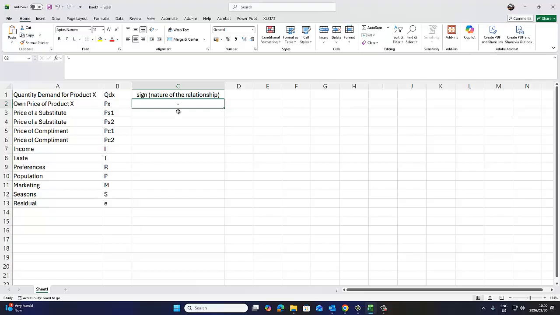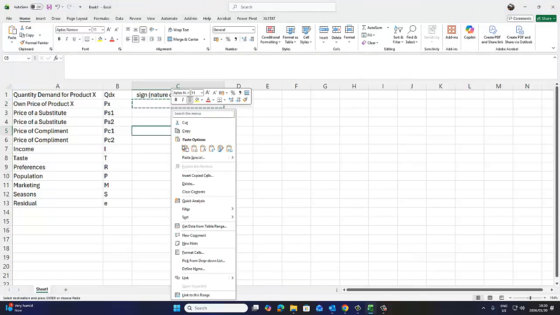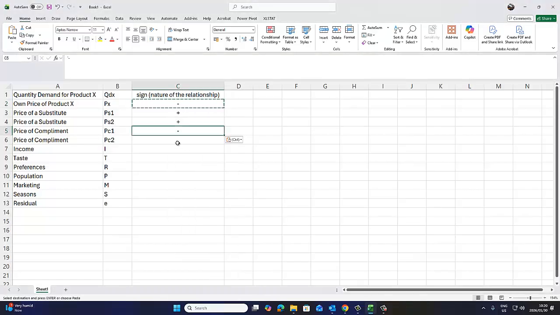The price of a substitute. If the price of a substitute increases, quantity demand of that item will decrease and demand for your item will increase. So that is a positive relationship. Then the price of a complement is a negative relationship.